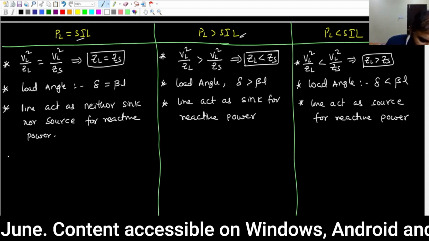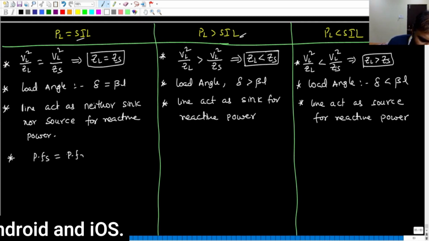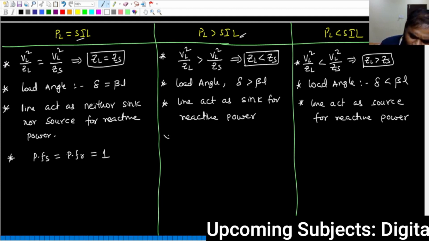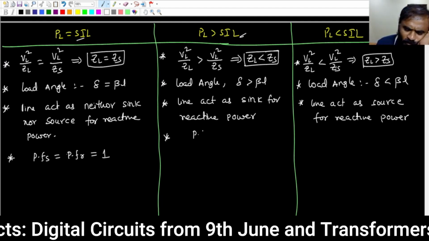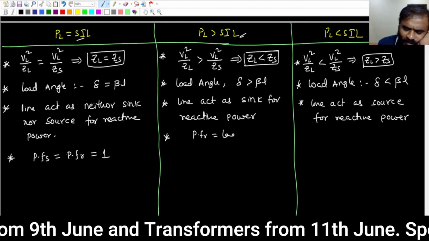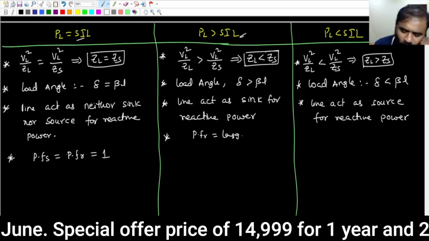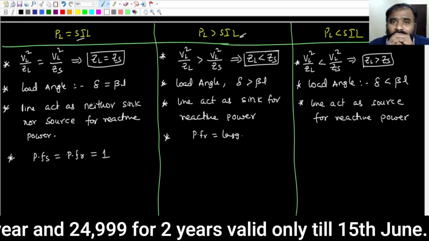Now tell me, here sending end power factor and receiving end power factor are the same, that is unity. But generally think about a load with lagging power factor. So the receiving end power factor is lagging. What about the sending end power factor? More lagging or less lagging? More lagging. Why?